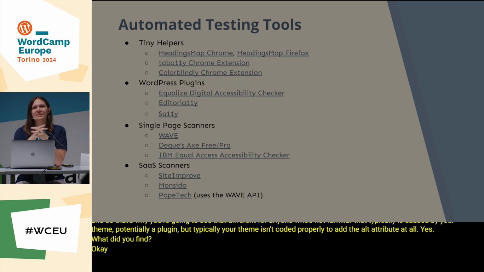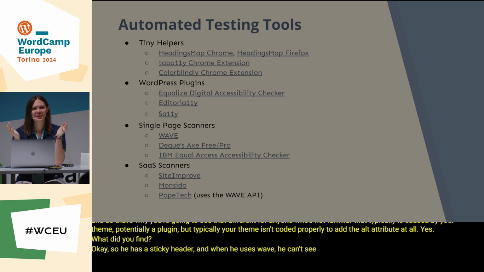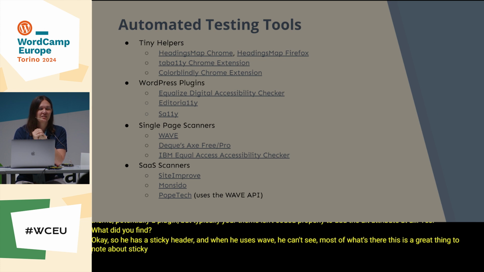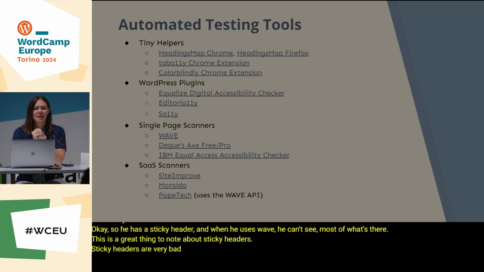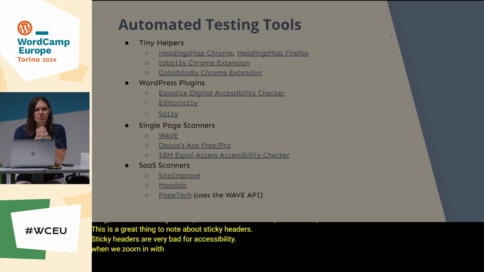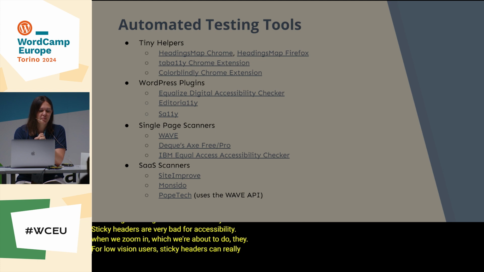Yes, what did you find? Okay, so he has a sticky header, and when he uses Wave, he can't see most of what's there. This is a great thing to note about sticky headers. Sticky headers are very bad for accessibility. When we zoom in, which we're about to do, for low vision users, sticky headers can really cause issues for them.